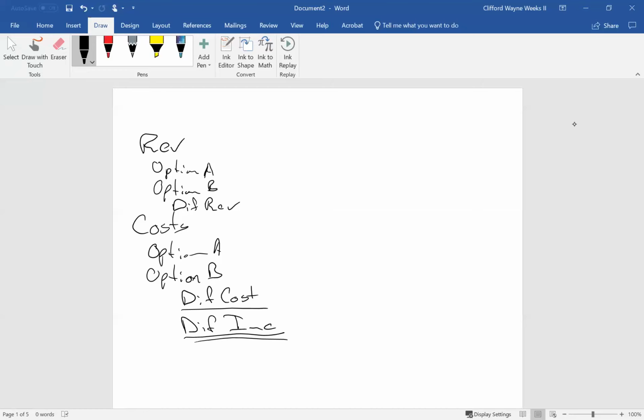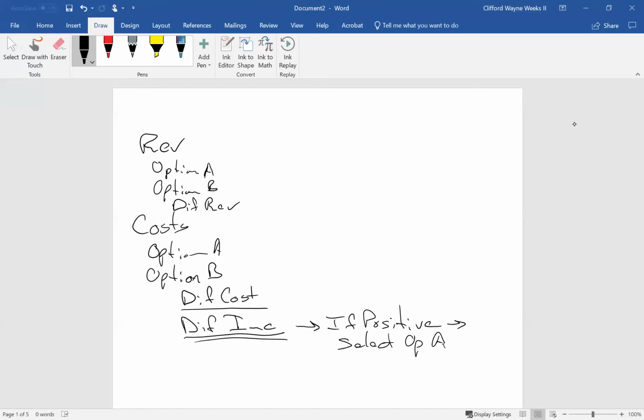So the rule is, if you have a positive number, select or choose option A. If that number is positive, choose A. Guess what if it's negative? That's right, you choose B. This is the way that I like it.